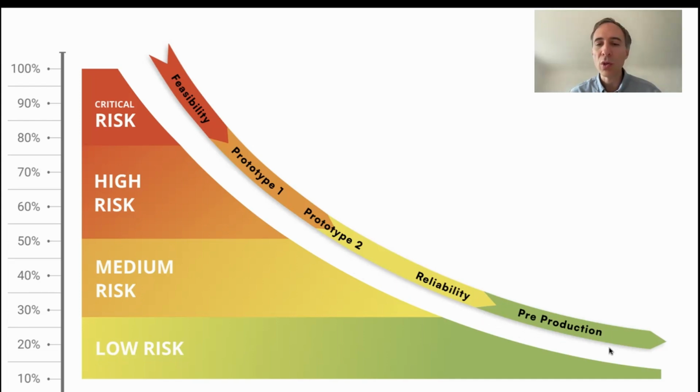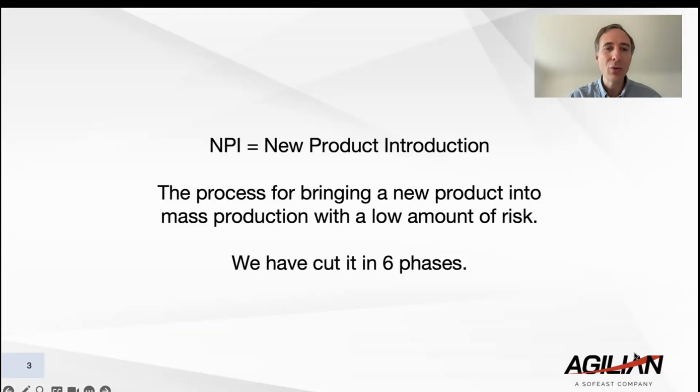As you do it, you reduce the technical risk. Again, this is technical risk. We are not talking about market risk, financial risk, any other risks that might impact a project of bringing a new electromechanical product into the market.